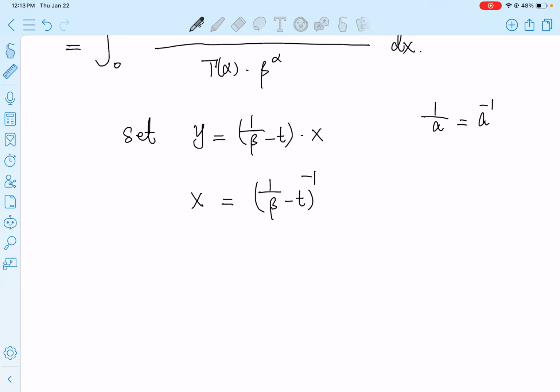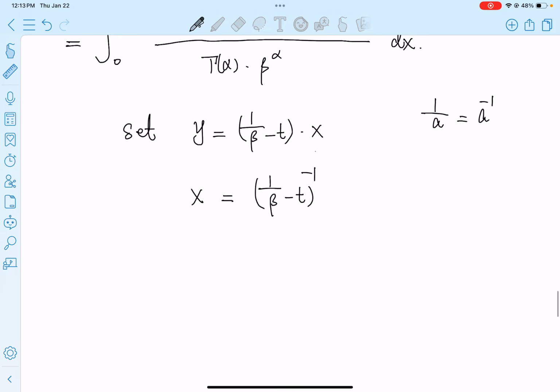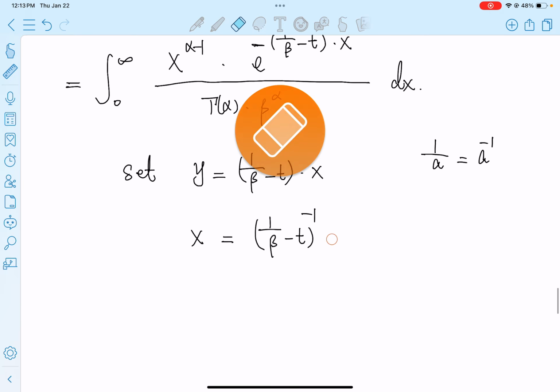So I'm dividing by this constant part, moving it to the right hand side as a denominator.